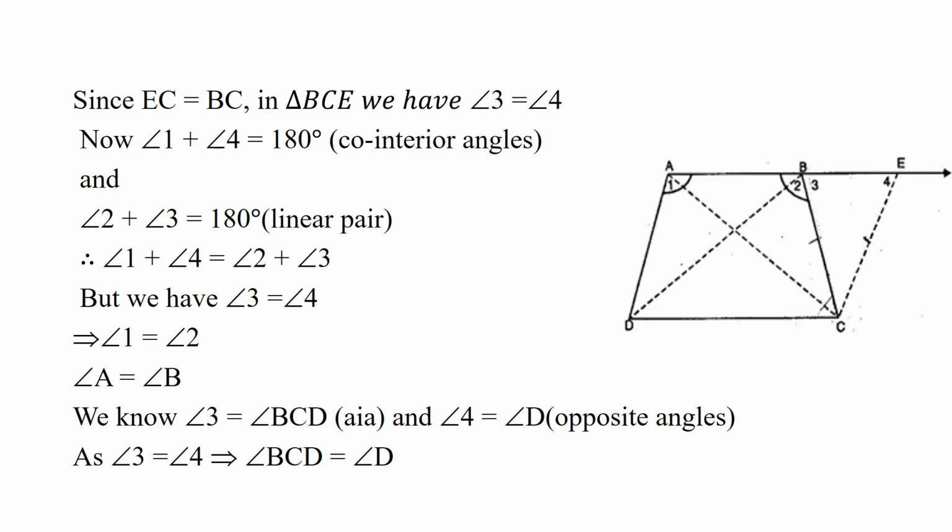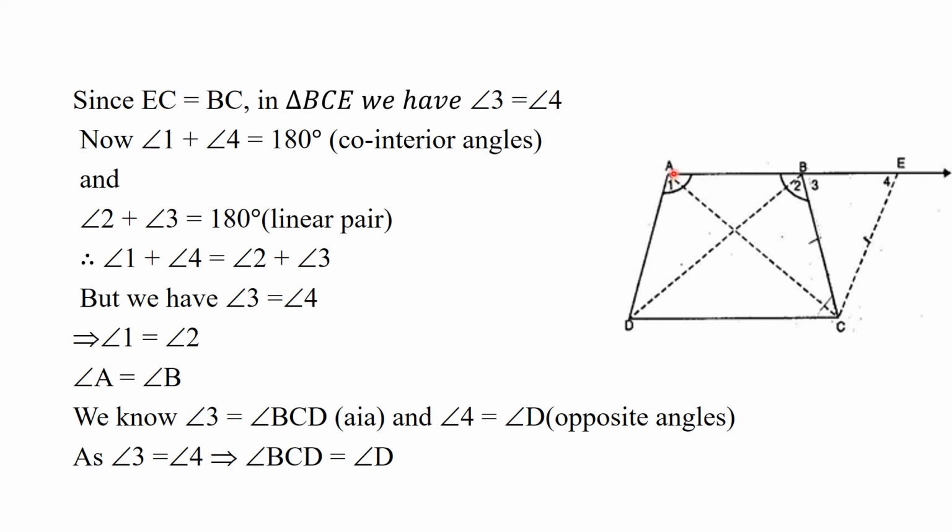Since EC is equal to BC, consider the triangle BCE. We can say it will be an isosceles triangle with two sides equal. If the two sides are equal, the angles opposite to the equal sides are also equal. As per the figure, we can write angle 3 is equal to angle 4.